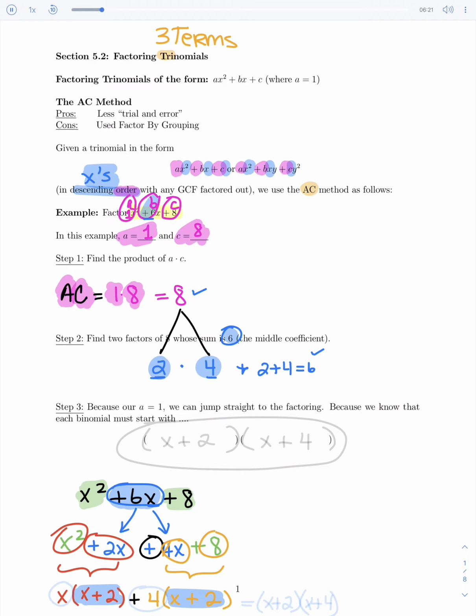Remember, I only have an issue if they don't match. So I can pull out the matching factor of x plus 2. And then leftovers will go inside of their own parentheses. Well, the leftovers were an x plus 4. So there it is. My final factored answer is x plus 2 times x plus 4.